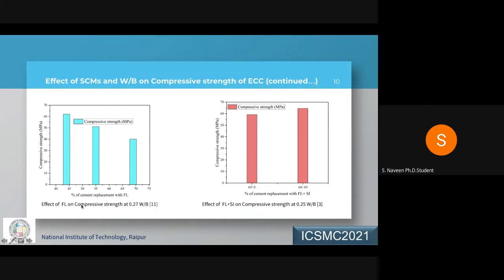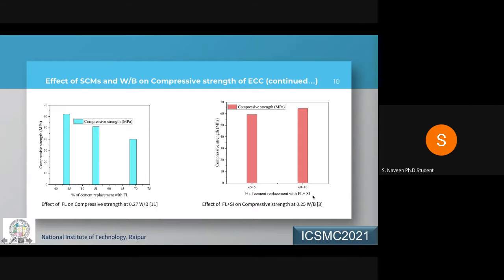Coming to this one, here we can see how fly ash will affect the compressive strength of the ECC. With increased fly ash content, the strength will be reduced drastically. And here we can see that with the combination of fly ash and silica fume, the compressive strength of ECC is increased with the inclusion of silica fume.